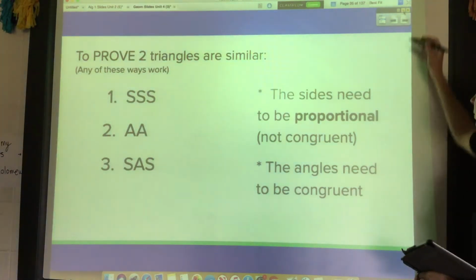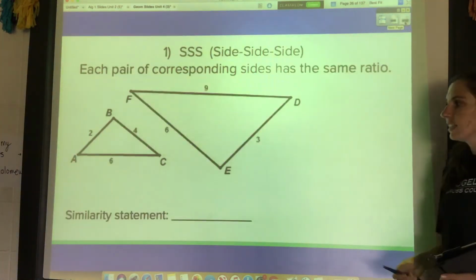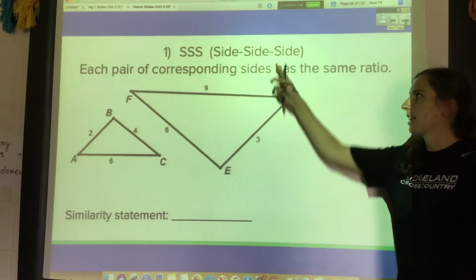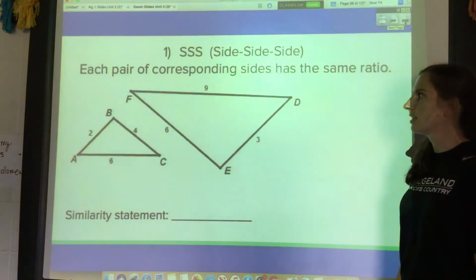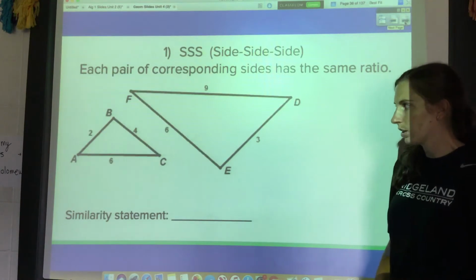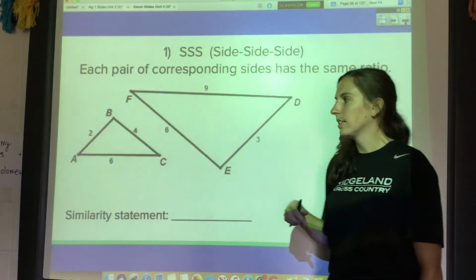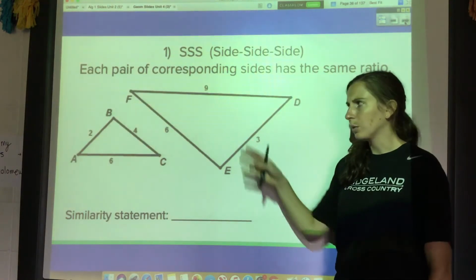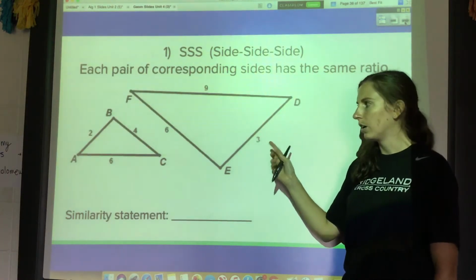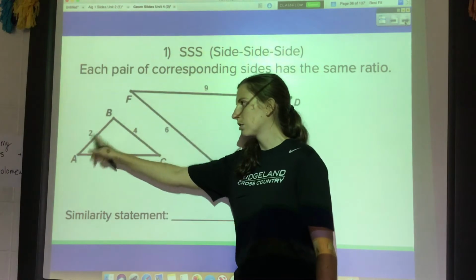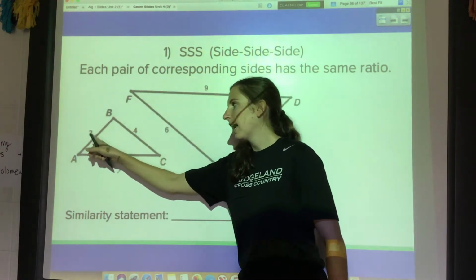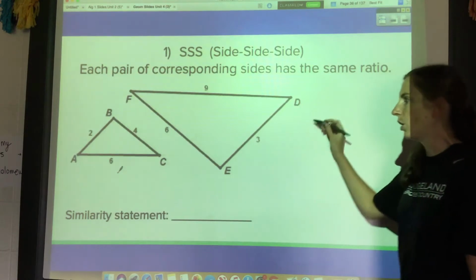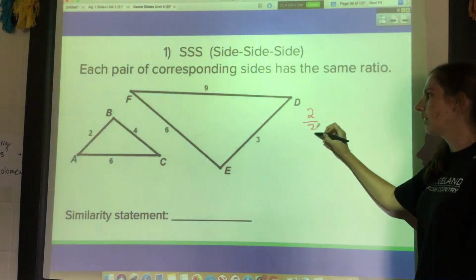So here's some examples. This is an example of 2 triangles that are similar by the side, side, side property, or SSS, because each pair of corresponding sides has the same ratio. And how do I know which side goes with which side? Well, if the 2 is the smallest one over here, then that would need to go with the smallest side over here, which is 3. So 2 goes with 3.